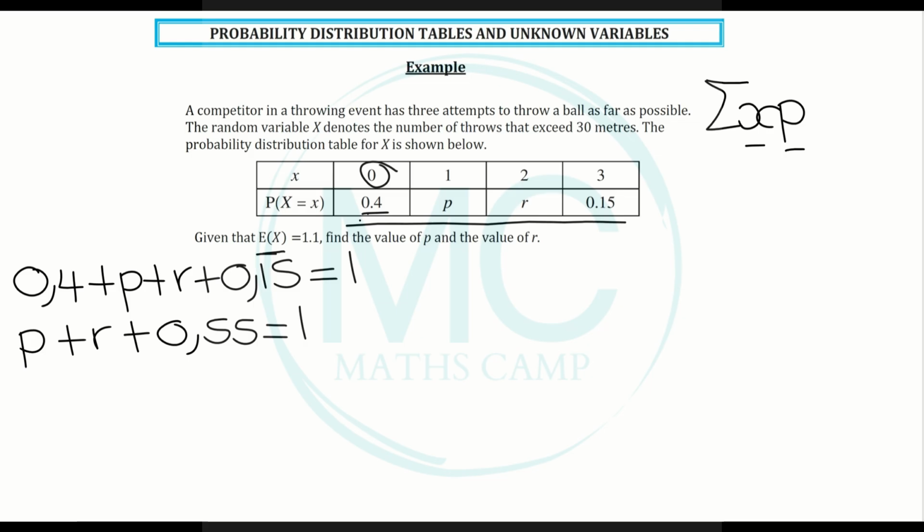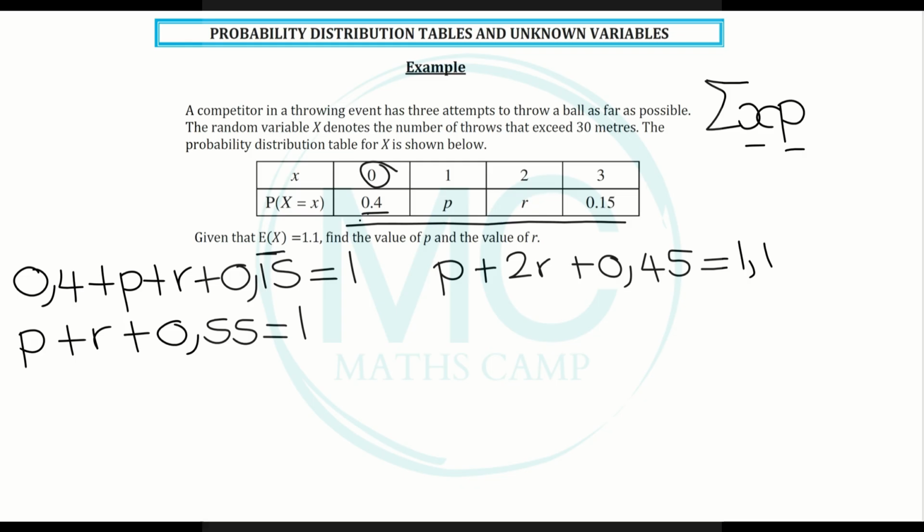We don't need to use this. 1 multiplied by p gives me p. 2 multiplied by r is 2r, so I can say plus 2r. 3 multiplied by 0,15 gives me 0,45. And the question tells me that this is equal to 1,1.